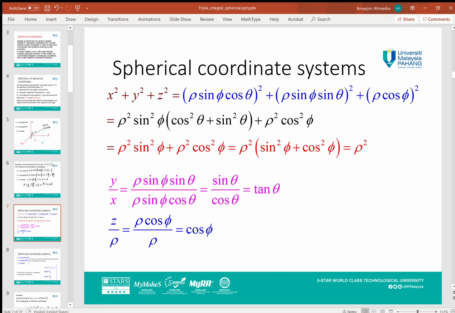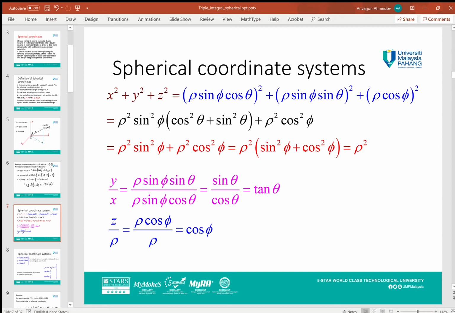In the first two terms, we can factor out the common factor, and inside the bracket we get an expression equal to 1 by the trigonometric identity. Then in the rest, again we factor out rho squared from the terms, and the remaining terms equal 1, so we get rho squared.